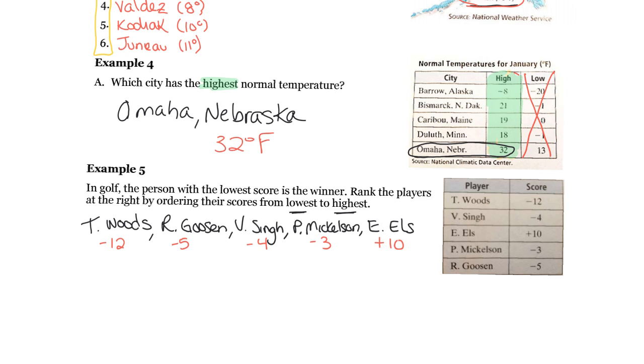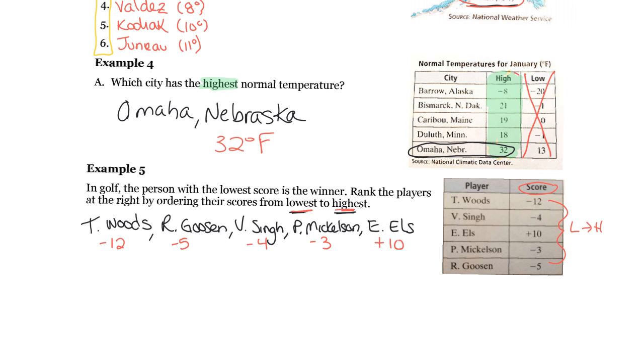The next one is golf, and they want us to rank the scores from lowest to highest. Here are their scores. Rank these numbers from lowest to highest. We should have Tiger Woods, R. Goosen, Beeson, P. Mickelson, and E. Els.